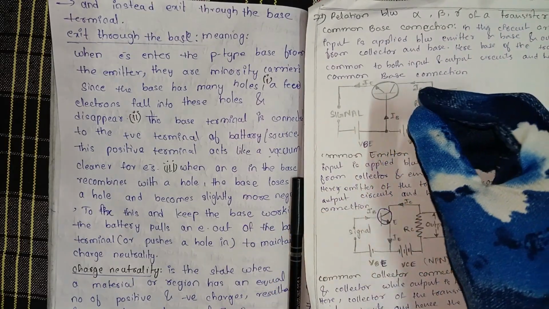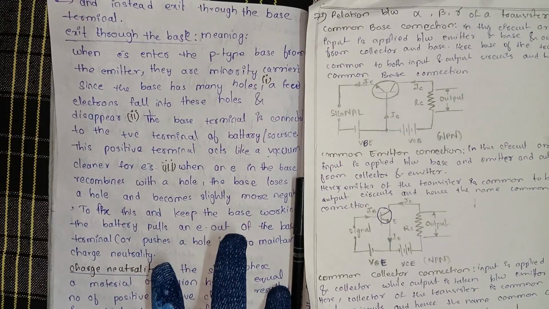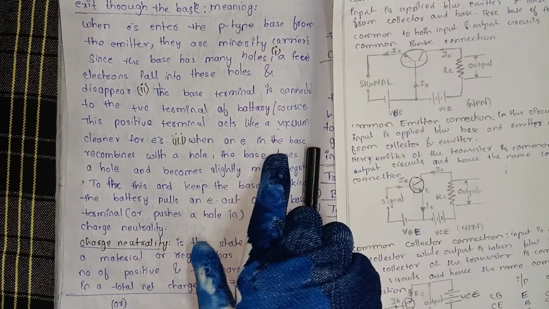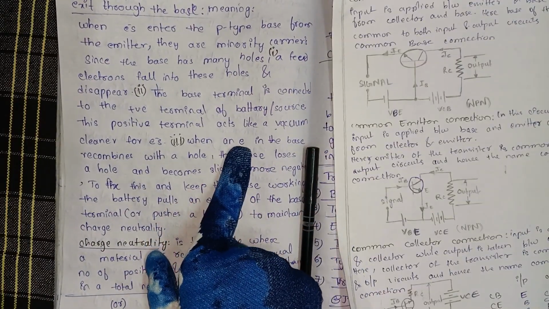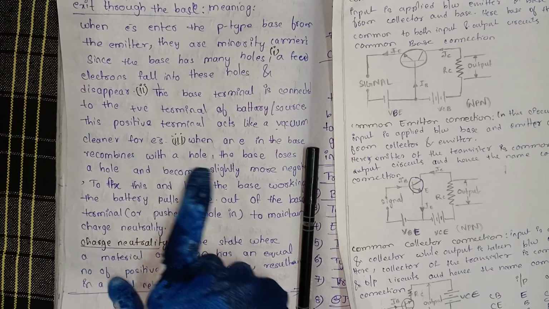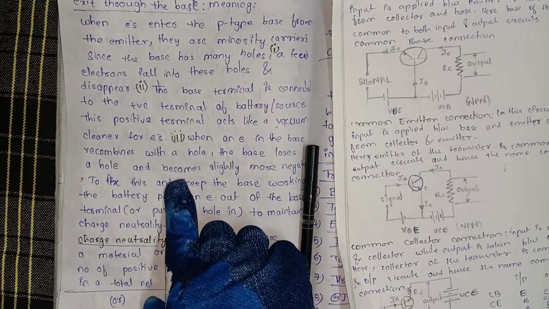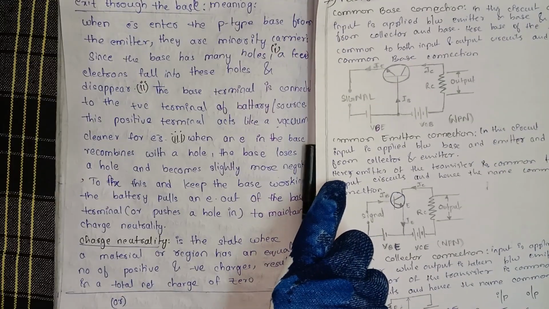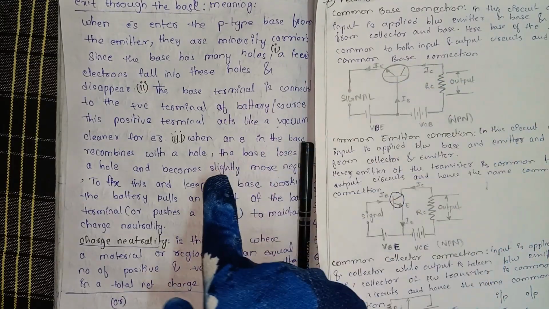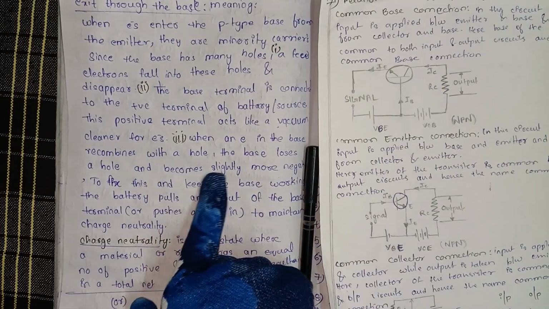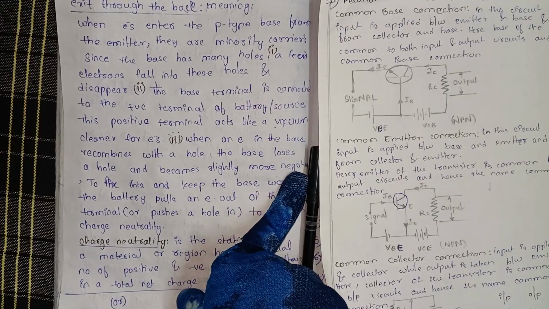Then we will see the third reason: when an electron in the base recombines with a hole, the base loses a hole and becomes slightly more negative.